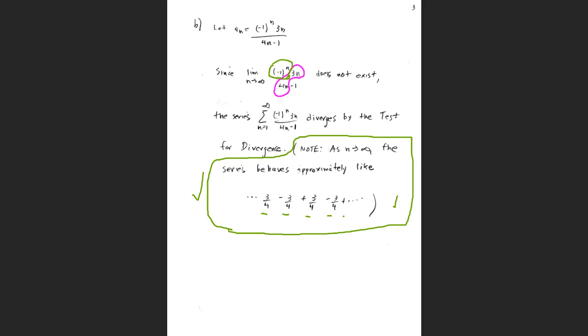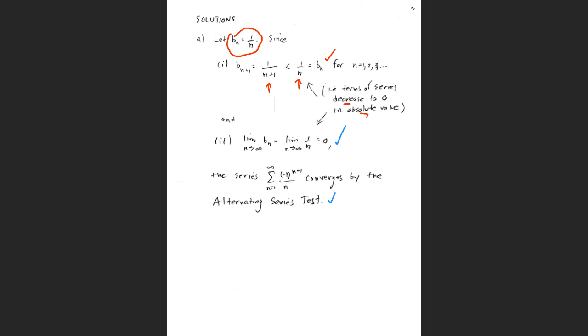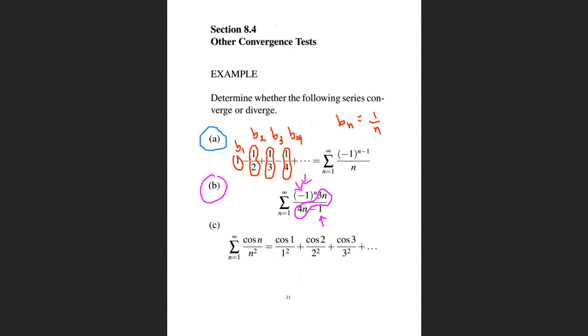Okay, so if we're good with this, let's go ahead and look at the third series. So the third series here in this problem, let me just put it, is the series where we have the cosine of n divided by n squared.